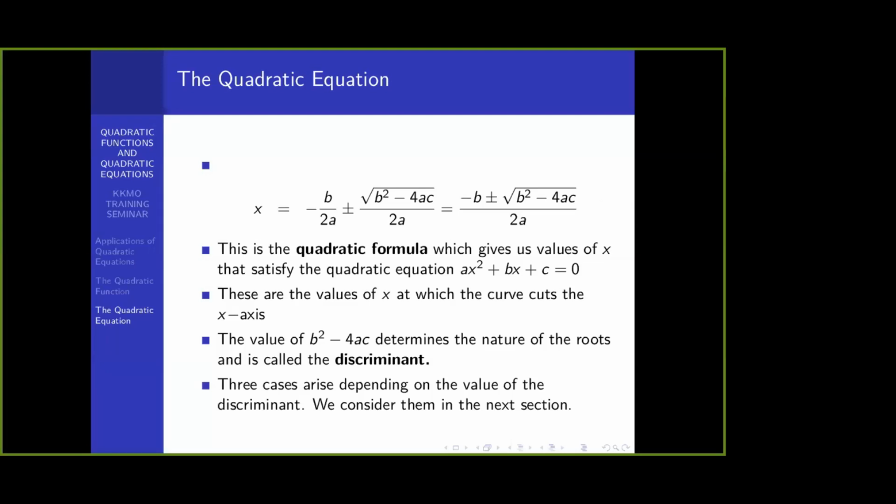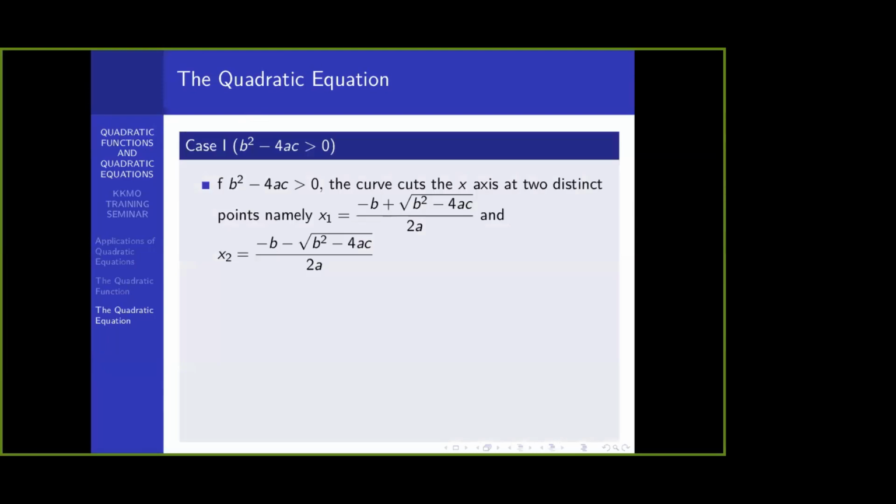So when considering the discriminant, 3 cases will arise depending on the value. So we look at this in the following cases. We first consider the case where b squared minus 4ac is greater than 0.